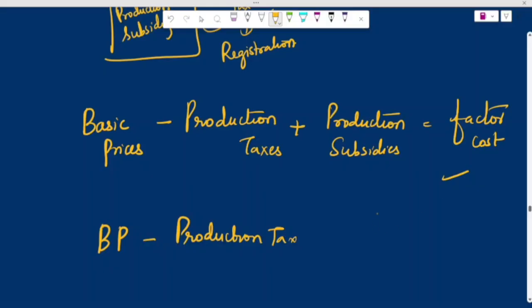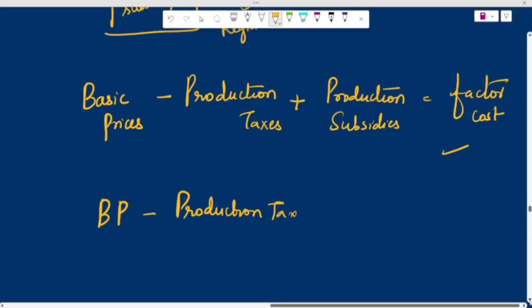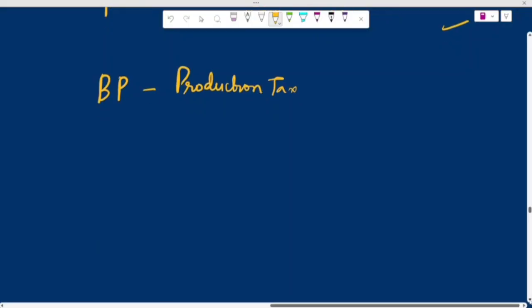Then we can derive this in the reverse way.